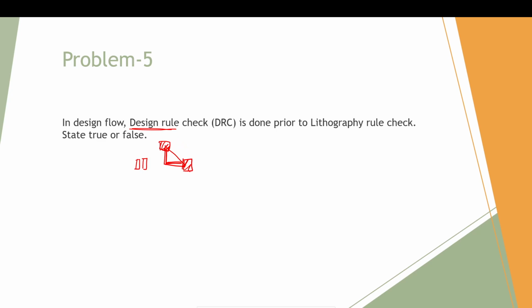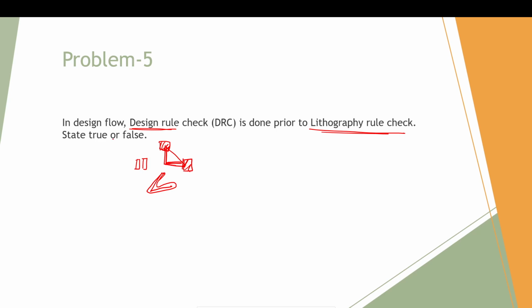Many foundries won't allow you to give such slanting lines. You will usually give 90-degree bends. Also they won't allow acute angles, because then yield will reduce at the acute angles. All these rules are provided by either the lithography tool manager or the foundry that you are sending to. Our design should adhere to these rules, and that part is called design rule check. Lithography rule check is done by the lithography engineer.